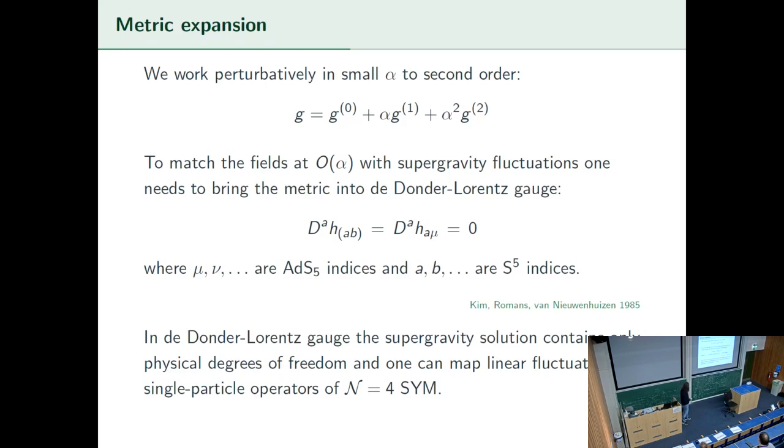However, it's very important to bring this LLM metric into the right gauge. And the right gauge is the known de Donder-Lorentz gauge, which completely fixes the diffeomorphisms in the bulk. So the resulting metric will not contain any gauge degrees of freedom, and we will be working only with the physical degrees of freedom encoded in the bulk solution.